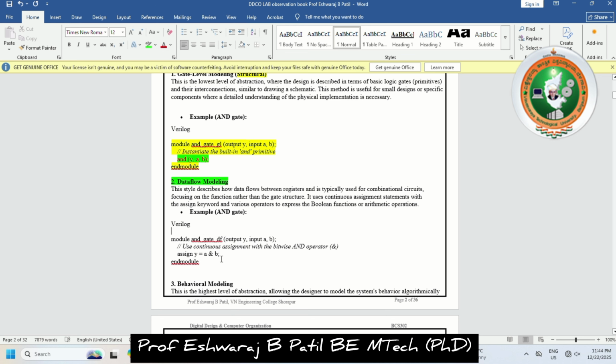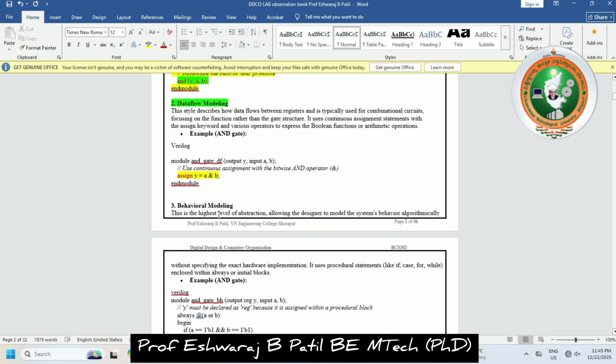For example, writing the Verilog code for the AND gate: module, the name of the module, and we write the output and the inputs, A and B. Y is the output, and A and B are the inputs. In this data flow modeling, one keyword I am using is the assign keyword.